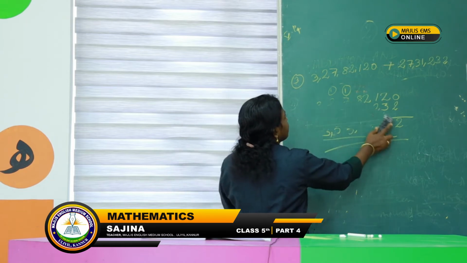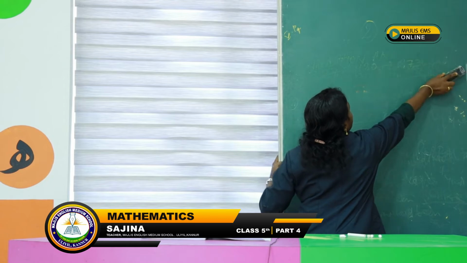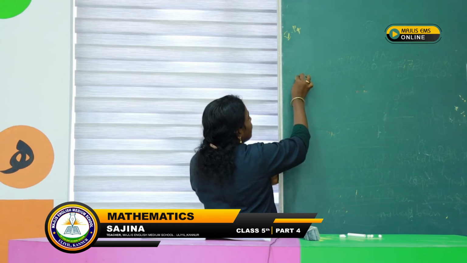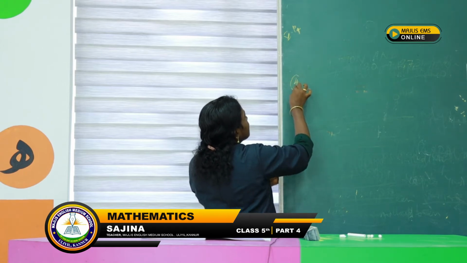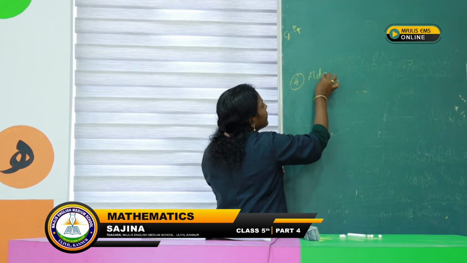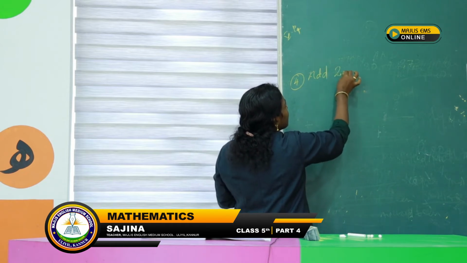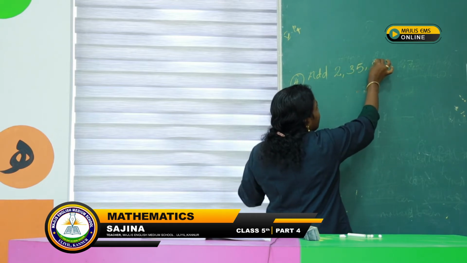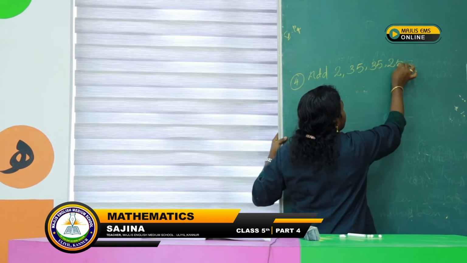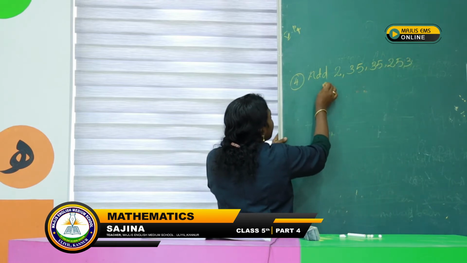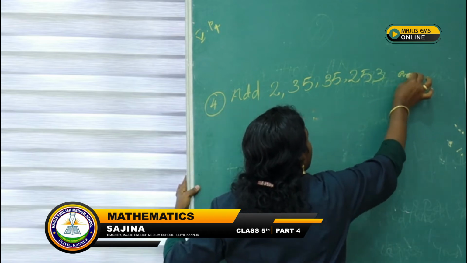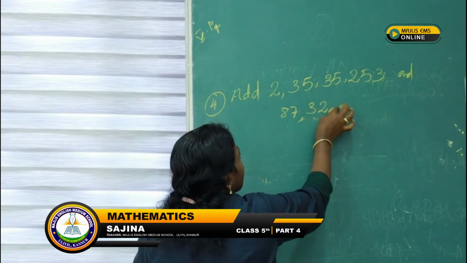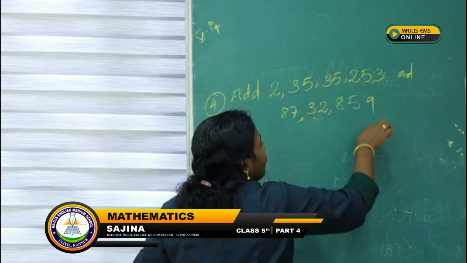Next question is the fourth question. Add 2 crore 35 lakh 35,253 and 87 lakh 32,859.